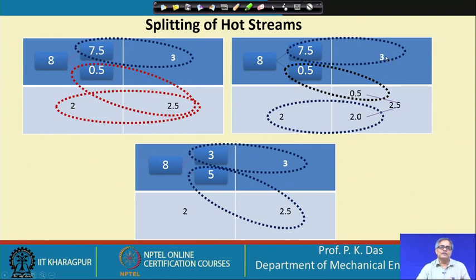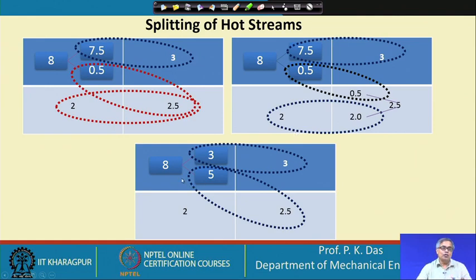Let us say this is 3, but we have got 0.5 and 2. So, 7.5 and 3 can make a match, 0.5 and 0.5 can make a match, and 2 and 2 can also make a match.